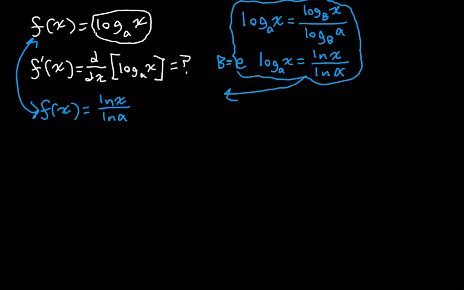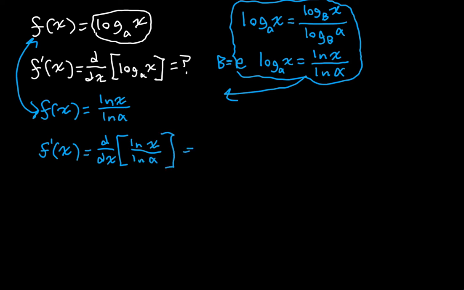So if we say that f of x is natural log of x over natural log of a, which comes from our log properties, then f prime of x is going to be, right, we set up here the derivative with respect to x of natural log of x over natural log of a.